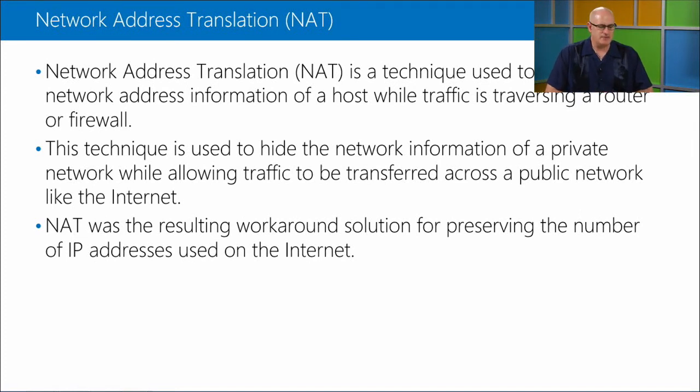Techniques used to hide information of a private network. That was used as a workaround for the IP address shortage for IPv4. So there were only so many IPv4 addresses from that pool, public-facing addresses became smaller, so they introduced NAT as a method to have one public-facing IP address for your corporate system or your home-based network.